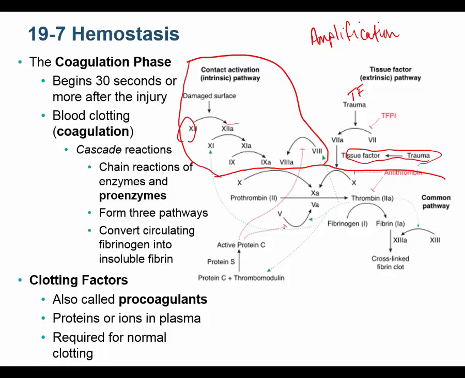Just like we did that for platelets, we also start inhibiting this cascade just as soon as it starts. Now, the inhibition lags behind, so you make a significant amount of fibrin clot. But just lagging behind that is the inhibition of this cascade, so it doesn't go crazy and lead to a whole bunch of clots floating around your blood. So there is inhibition right behind this.